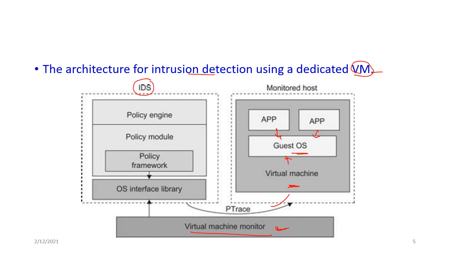The IDS has a policy engine and policy module, which includes the policy framework and the OS interface library. And this IDS system is going to monitor this virtual machine by using this policy trace, used to protect this host from the attackers.